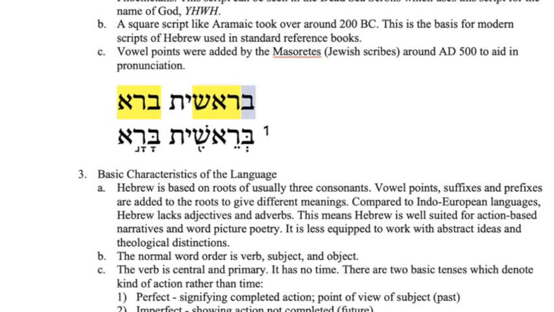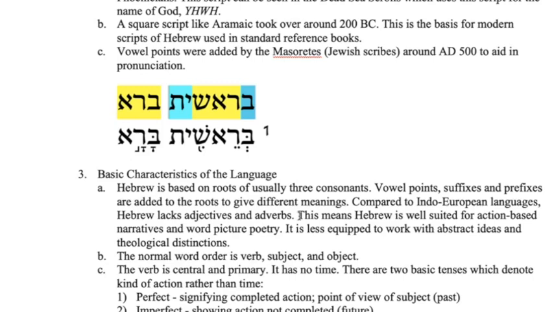And so these are all suffixes and prefixes. So these are added to the roots of the consonants. And these tell you, like this, the letter bet at the beginning is another word for in. So in the beginning, created.